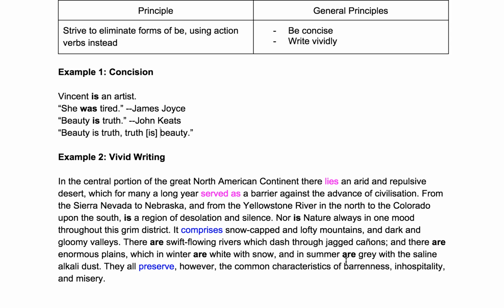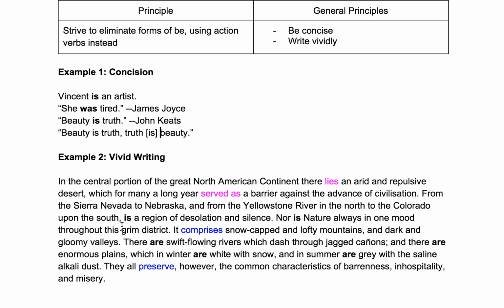Nor is nature always in one mood throughout this grim district. It comprises snow-capped and lofty mountains, and dark and gloomy valleys. There are swift-flowing rivers which dash through jagged canyons, and there are enormous plains which in winter are white with snow and in summer are gray with the saline alkali dust. They all preserve, however, the common characteristics of barrenness, inhospitality, and misery."